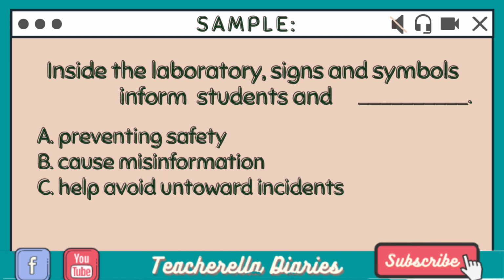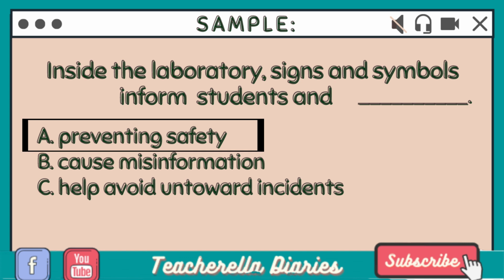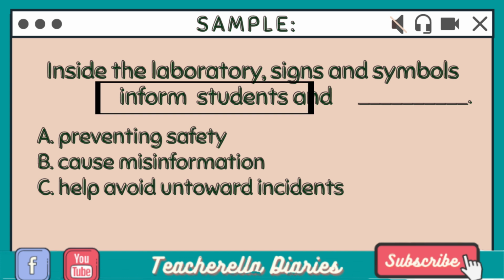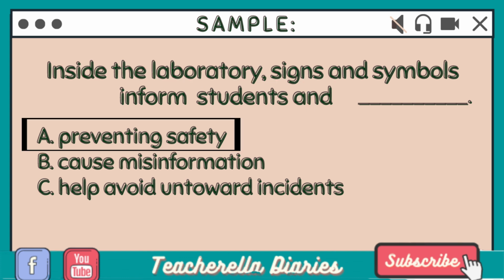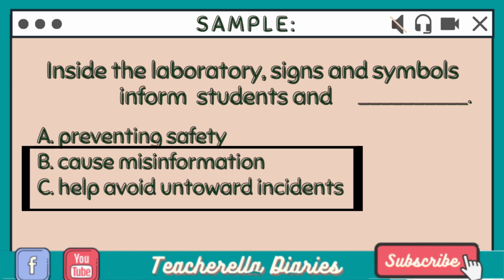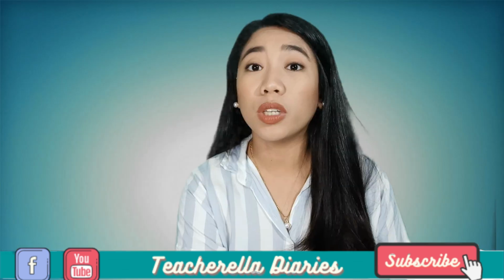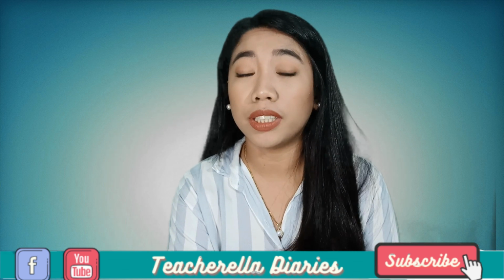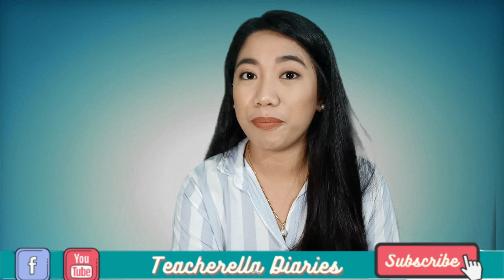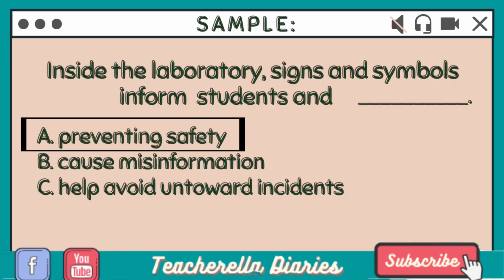As you can see, letter A is not consistent now with the grammatical form that we have on our STEM. So, as you can see dito sa ating STEM, it says here, inform students, no? Pero dito, preventing, naka-ing yung ating verb. At dito naman ay consistent siya. So, what should we do? Simply make the alternatives consistent with your STEM. So, how to correct that? Just write prevent instead of preventing.